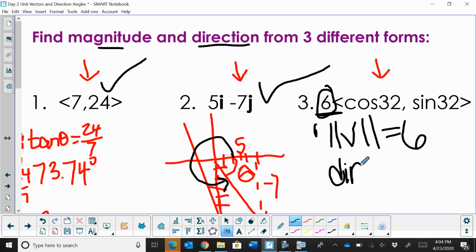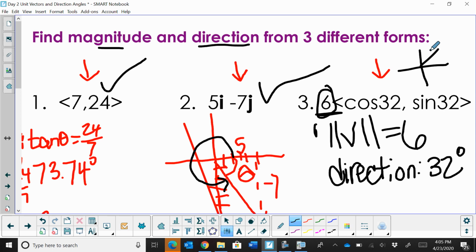Our direction is given as the sine and the cosine. So the direction is just 32 degrees. Now that's in quadrant 1, so it's easy, it's positive. Now, this angle can go up to 360 degrees, so it would just change which quadrant it's in. But it's very simple to find the magnitude and the direction of this vector.